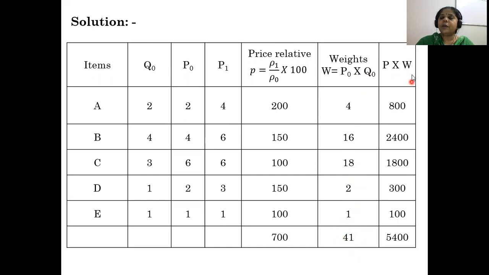Okay, students, so now what we have to do? We have to multiply price relative into weights. So price relative into weights: 200 into 4, 800; 150 into 16, 2400; 100 into 18, 1800; 150 into 2, 300; 100 into 1, 100.